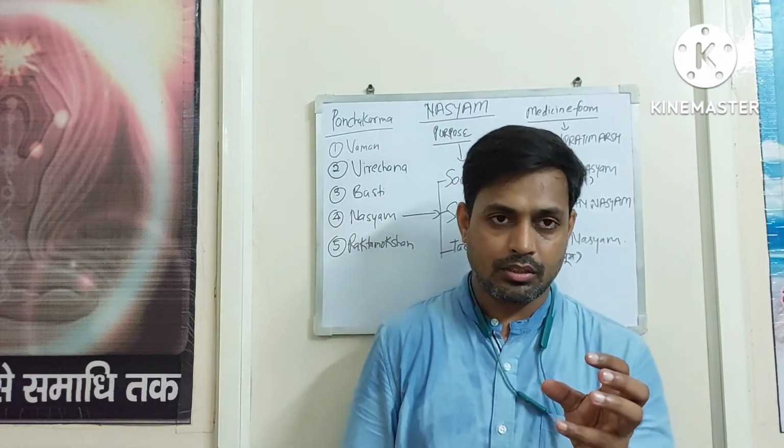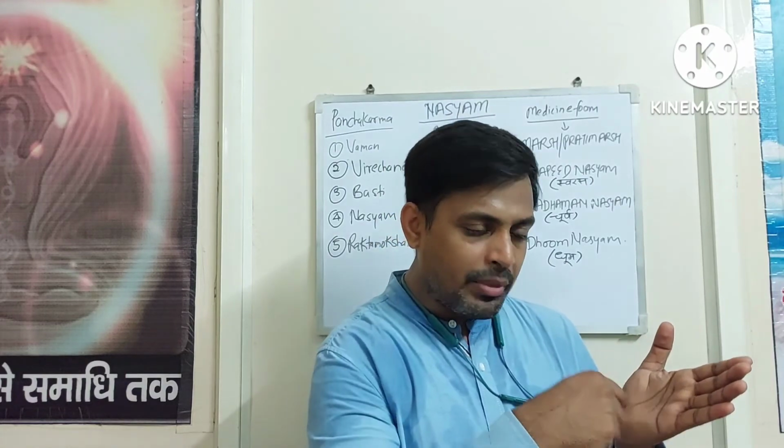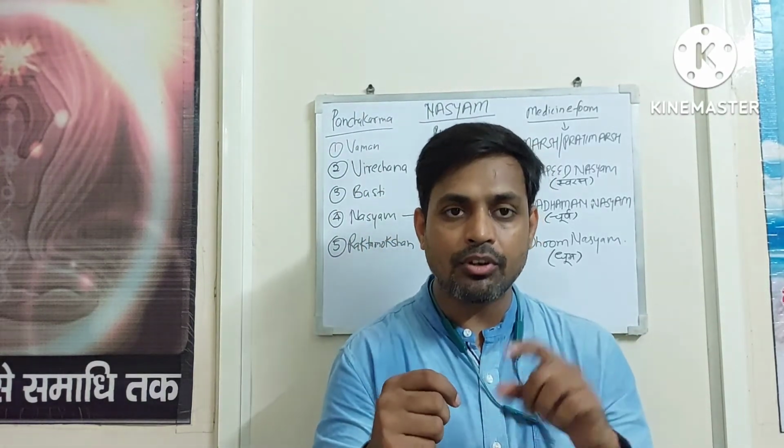Similarly, there is a combination where you take medicines like Haridra, Sunthi, Marich, and mix them with original Go Ghrita, making a paste. You make a varti using a cotton swab, burn that varti, and inhale the smoke.